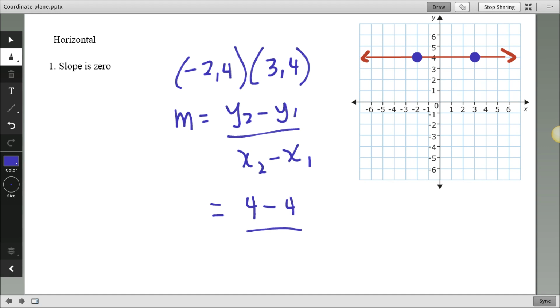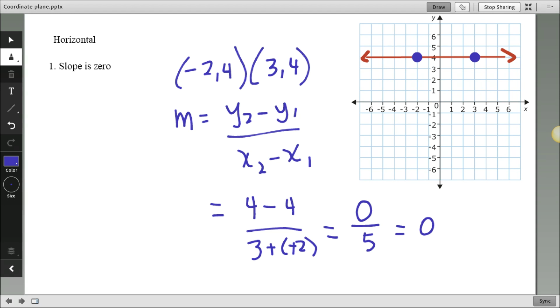What are the two x values? 3 minus -2. So now if I find that value, what's 4 minus 4? Well, that is 0. 3 minus -2 becomes a 5. So you see my slope is 0.